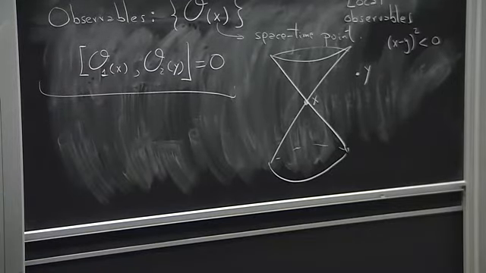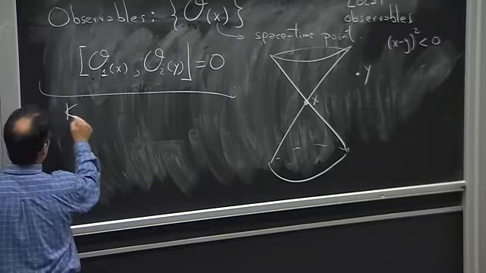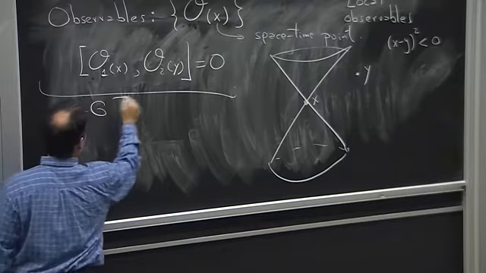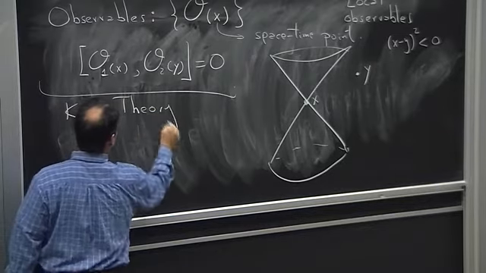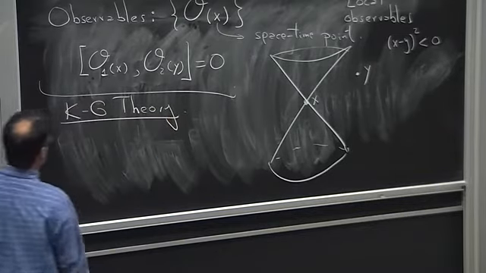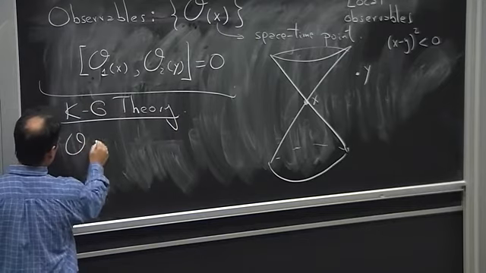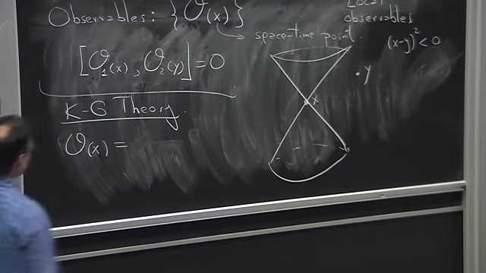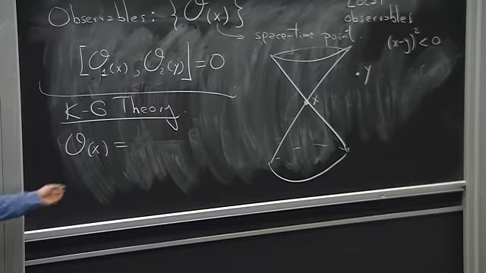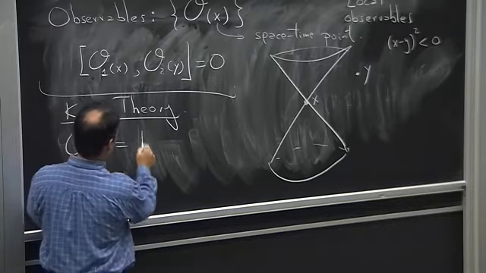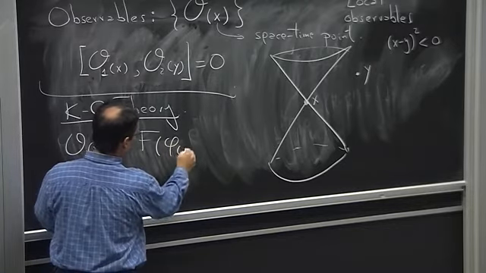Now, for our scalar field, what are the possible observables or the possible local observables? Well, we don't have much, right? We have just the field phi. So for our Klein-Gordon theory, what kind of observables can we imagine constructing? Well, we could imagine functions of phi.